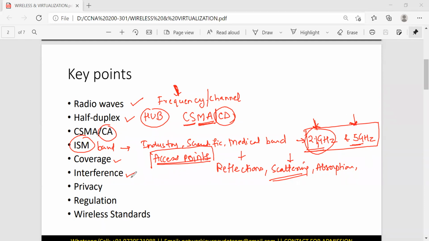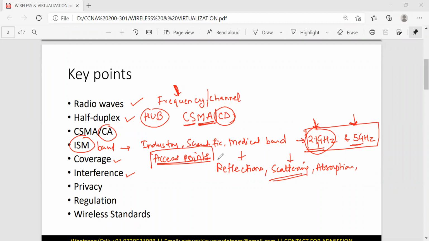There may be crosstalk, so there needs to be a good separation so that we can have good communication. Since this band is used by industries for scientific purposes and also for medical purposes, you may find that interference can happen.